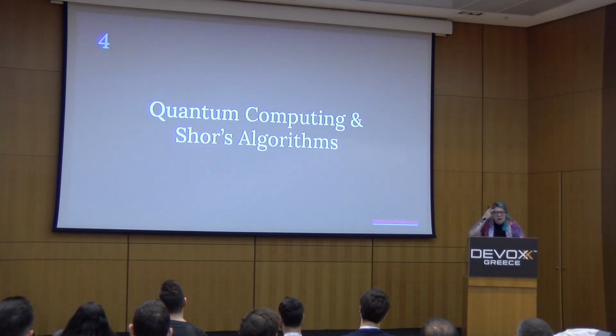In 1994, a mathematician called Shor published some theoretical algorithms for use if we ever built a quantum computer, and his algorithms essentially defined an efficient way for a theoretical quantum computer to break some of the hard maths problems that power asymmetric encryption.